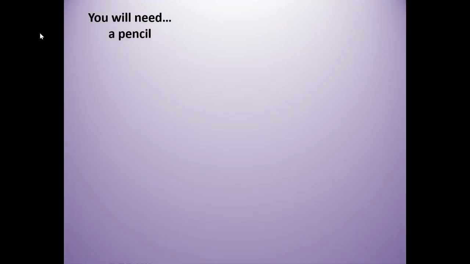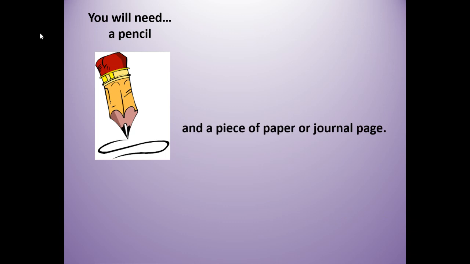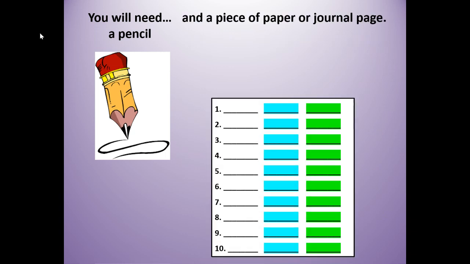So for this lesson, you will need a pencil and a piece of paper or journal page. Then you're going to write your numbers 1 to 10. So if you need to, push pause, get your pencil and paper, and write your numbers 1 to 10. And when you're finished, push play.